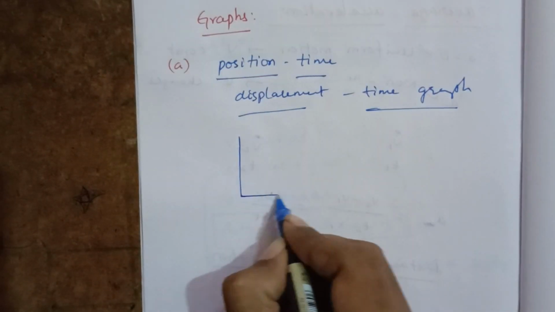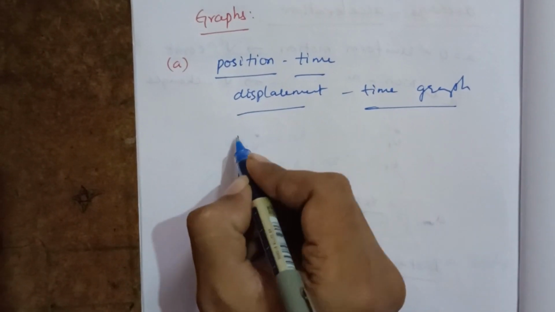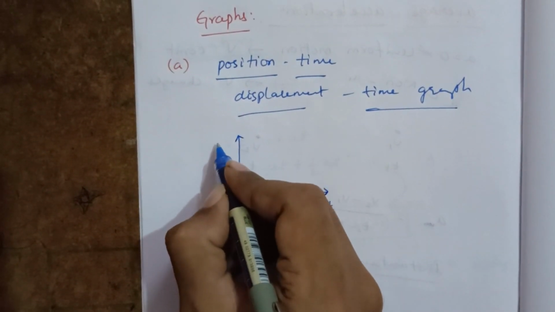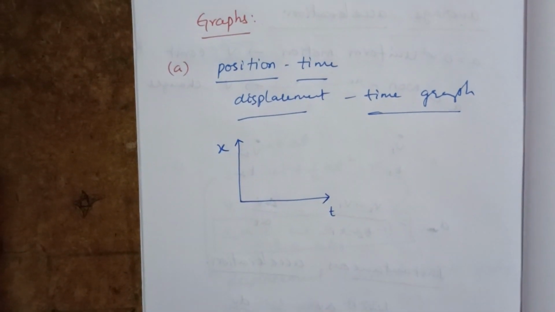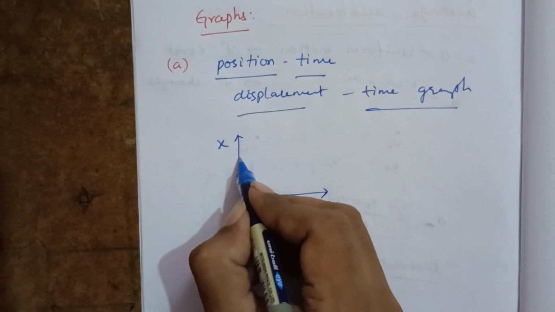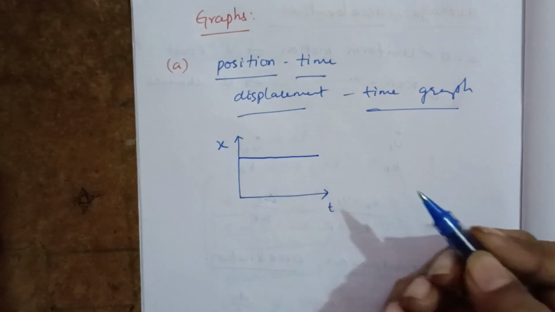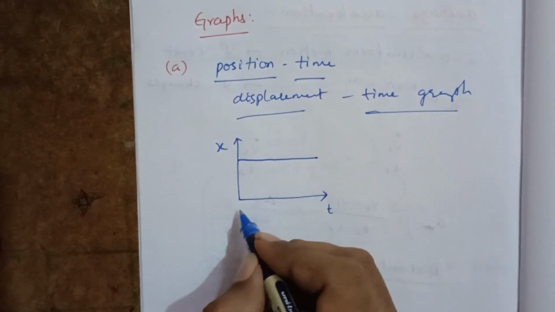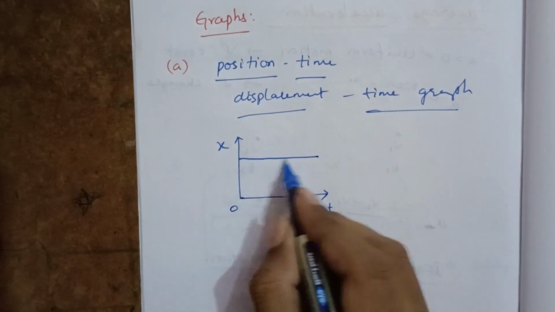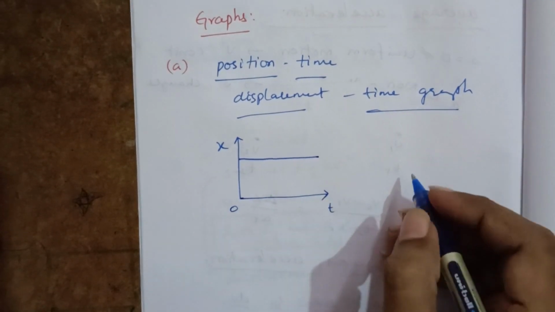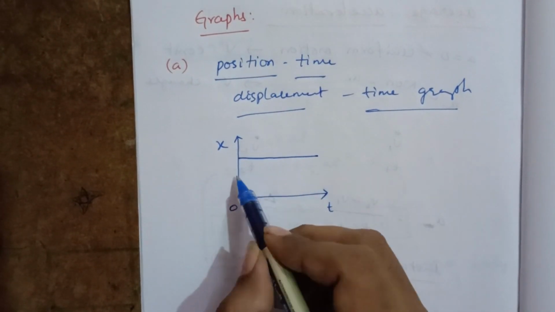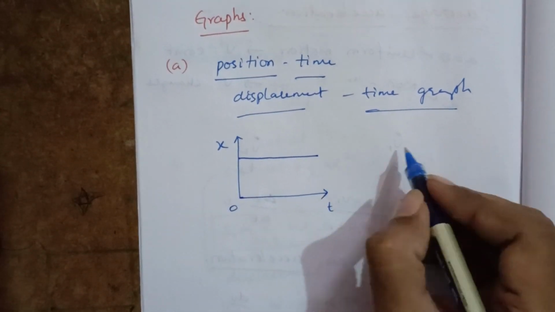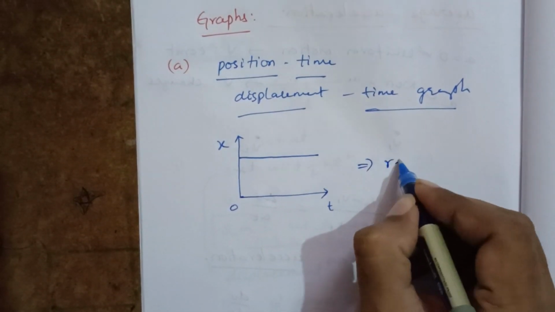On the x-axis we will take time, on the y-axis we will take position. If this graph is a straight line parallel to the time axis, it indicates the body is not changing its position, so it is at rest.